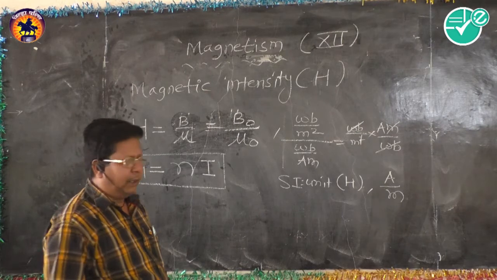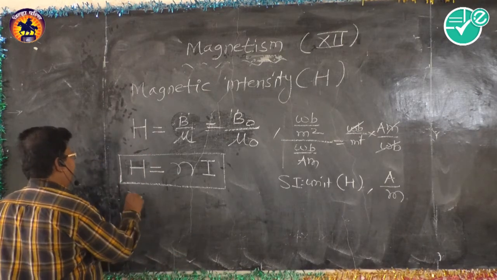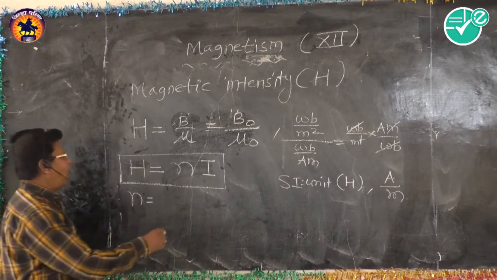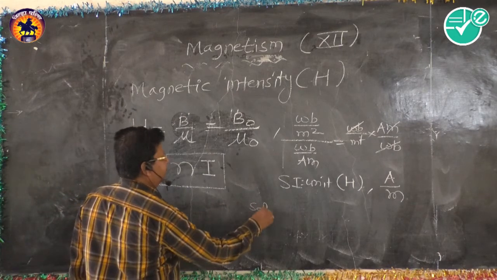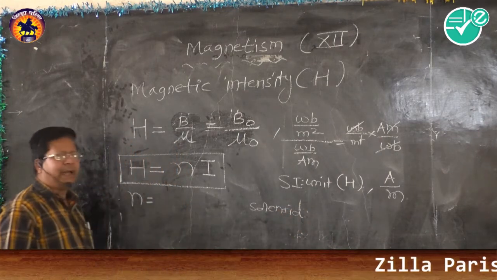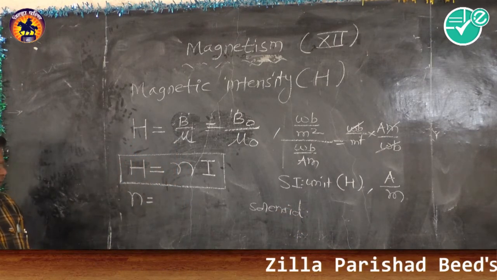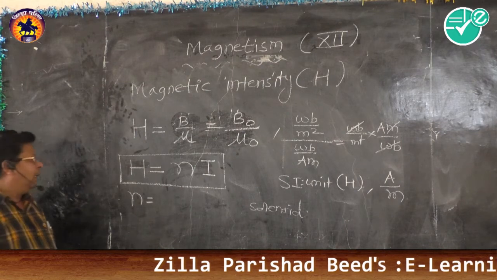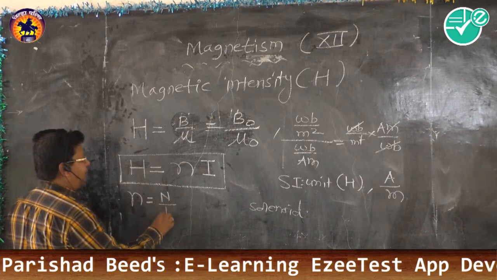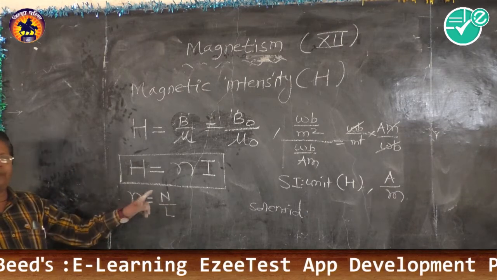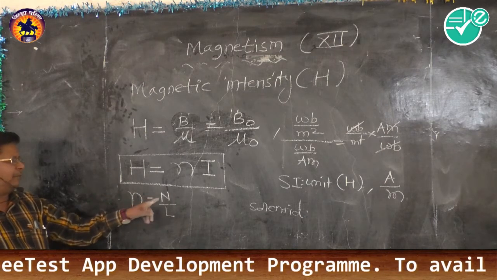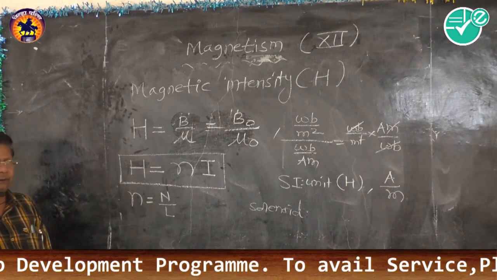where n, in case of a solenoid, as we have already studied in magnetic effect of electric current, the value of this n is capital N divided by l. That means number of turns per unit length.